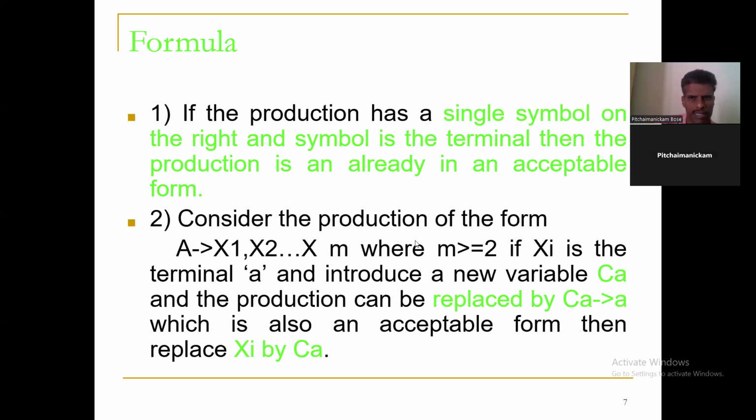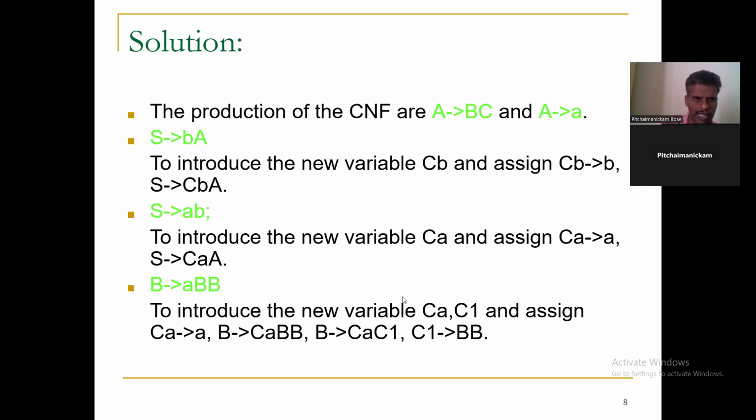If the production has a single terminal on the right-hand side, it is an acceptable form. If the production is of the form A derives X1, X2, X3 up to Xm with two or more symbols, introduce a new variable Ca and replace the terminal a by Ca. Now take the productions one by one.